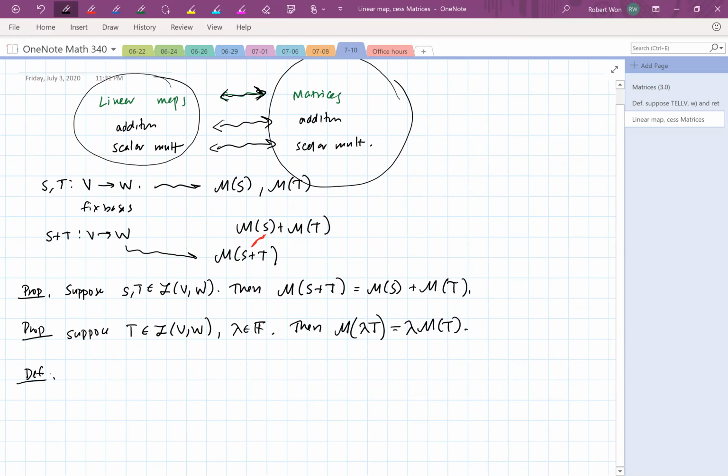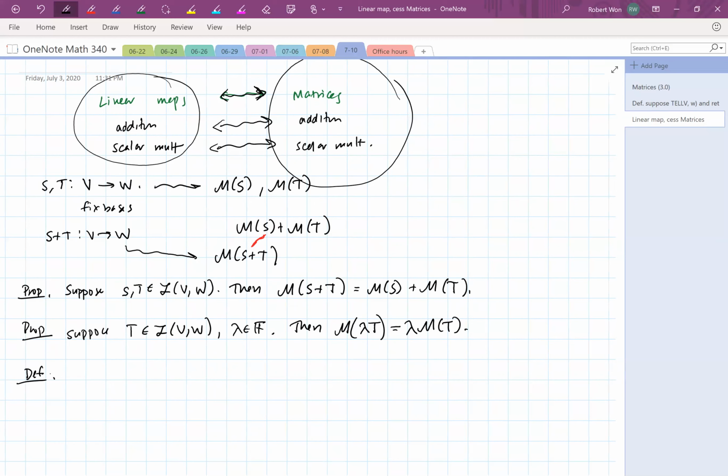And to be honest, it's not that hard to check. You need to check that addition is associative, addition is commutative, there are additive inverses, there's a zero element, which is a zero matrix, scalar multiplication distributes over matrix addition. All these things are routine checks because the definition of addition is just point-wise, entry-wise for a matrix.